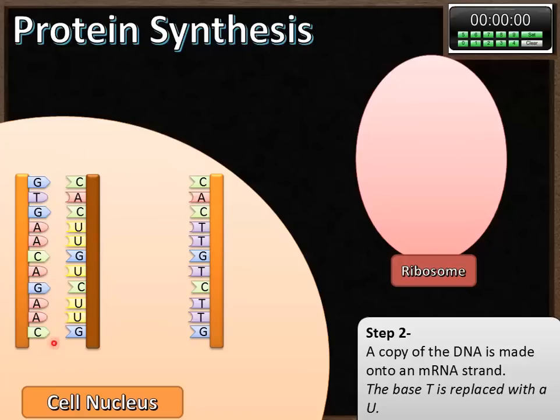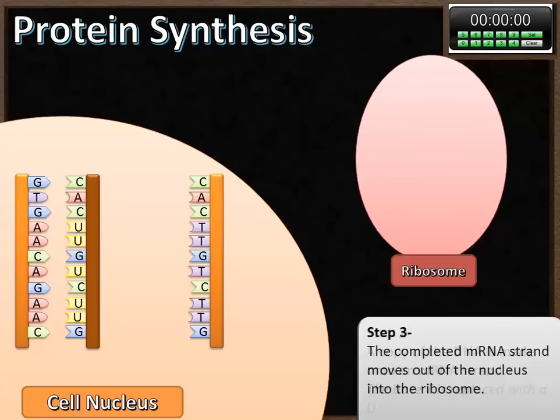Once our mRNA strand has been assembled, that can then leave the cell nucleus. So we're not taking the whole strand of DNA, we're taking the section of relevant DNA, copying it onto an mRNA strand, and that mRNA strand is then leaving the cell nucleus. Okay, and it's going to go to the ribosome.